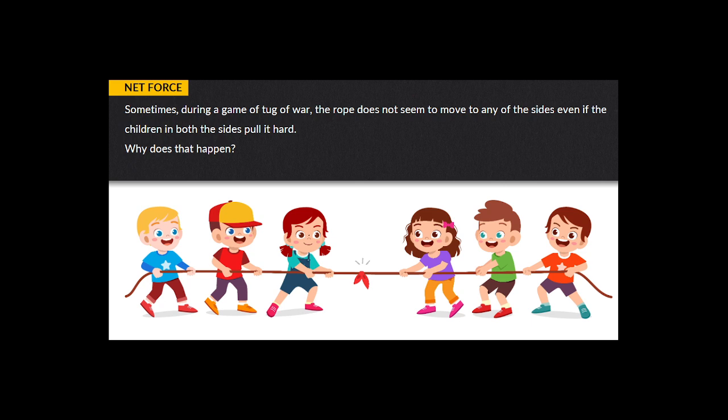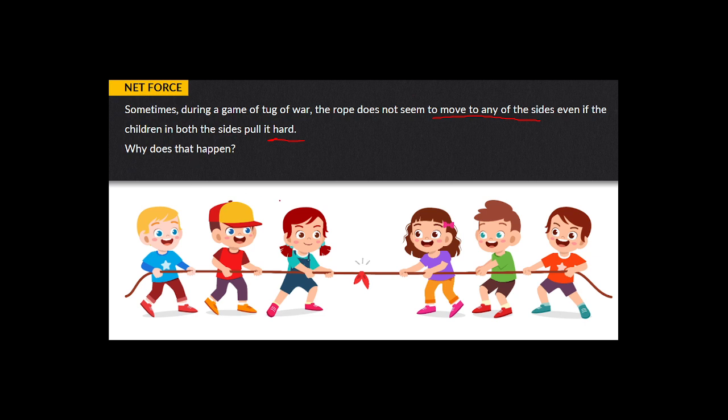Sometimes during this game tug of war, the rope does not seem to move to any of the sides, even if the children on both sides are pulling it really hard. Why does that happen? What do you think? Because both sides are kind of equal.